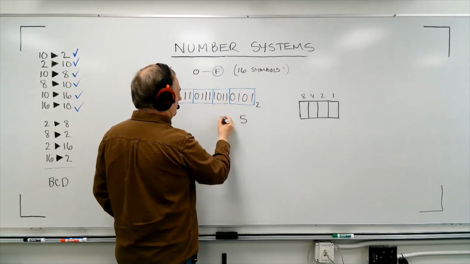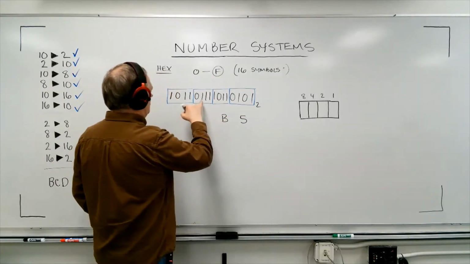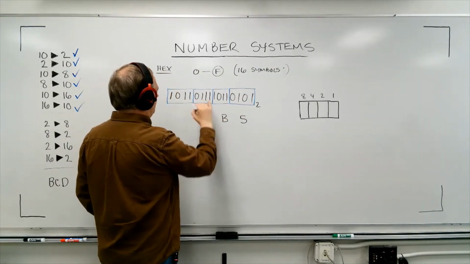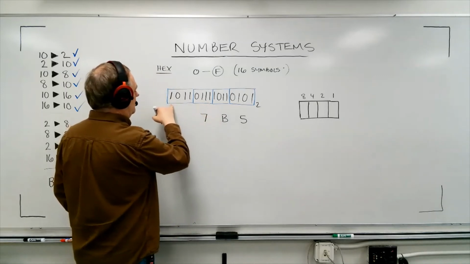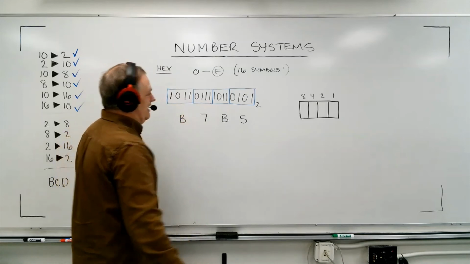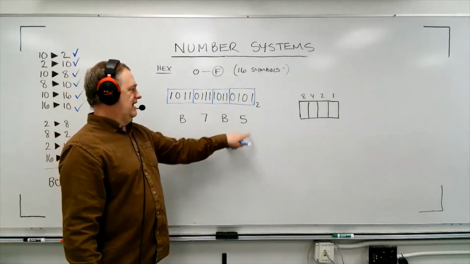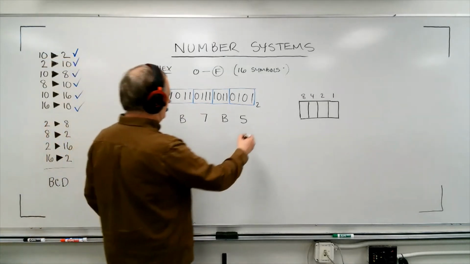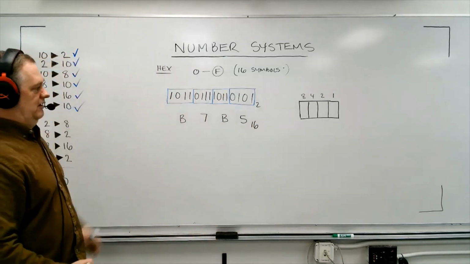So this one is going to be B. This is going to be 4, 5, 6, 7. That's going to be 7. This one's going to be 8, 9, 10, 11. So it's going to be B again. Remember, A is 10, B is 11. So we've got B7B5 is the hex conversion of this binary number right there.